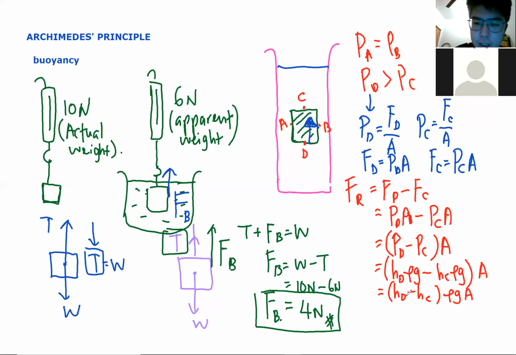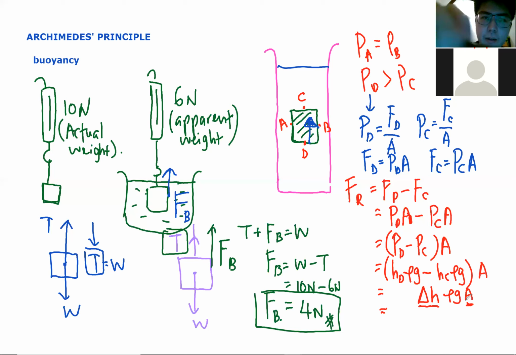Okay, now this HD minus HC 啊，我可以直接写成 the change of the height. Alright, I write it as the change of height. This one simply means that I'm using the bottom height minus the top height. Okay, now from this formula here, change of height multiplied by this one area, what do you get?